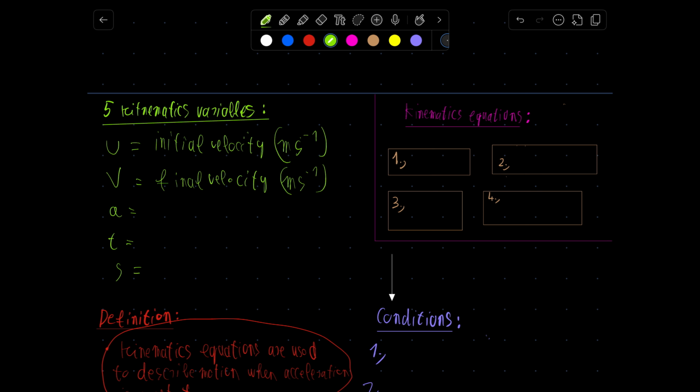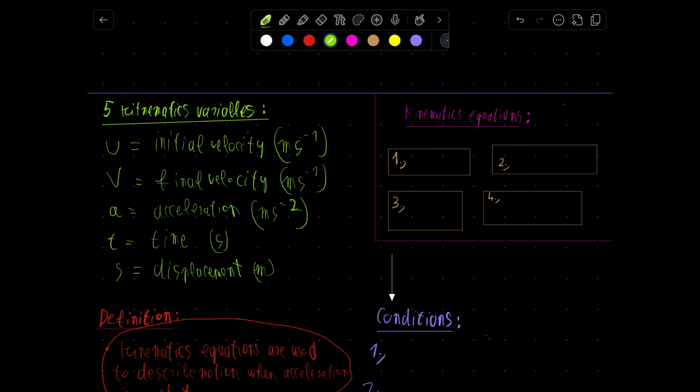And then we have a, which is acceleration, measured in meters per second squared. And we have t, which is time, measured in seconds. And we have s, which is displacement, measured in meters.